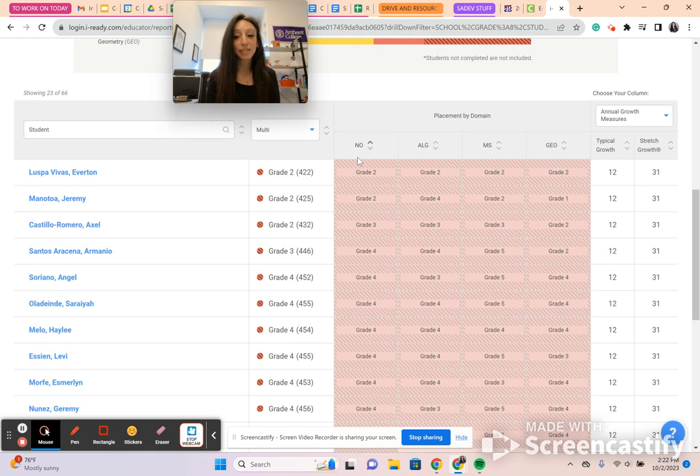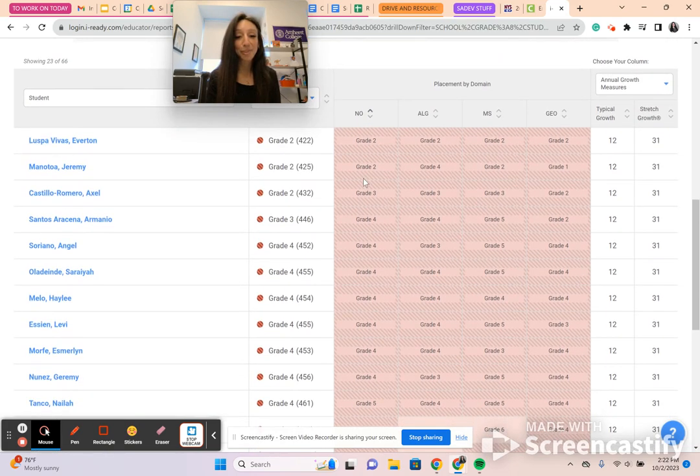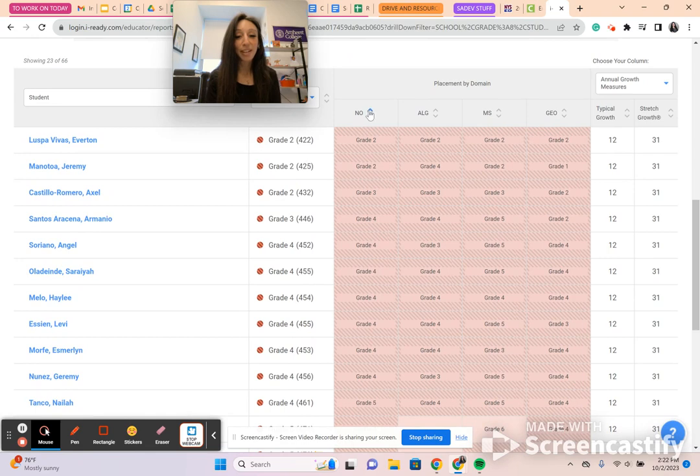So for instance, if I'm looking for kiddos who need the most support in numbers and operations, I would click right here on NO for numbers and operations. Same would be true for algebraic thinking, measurements and statistics, and geometry. So you've got your 4 domains here.